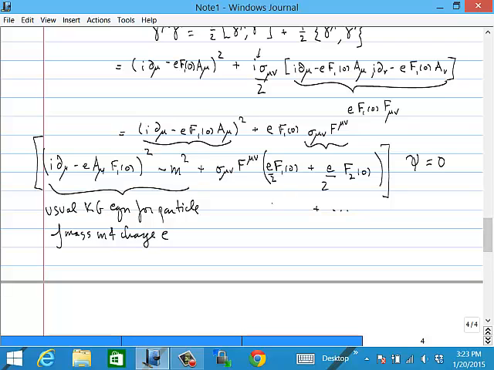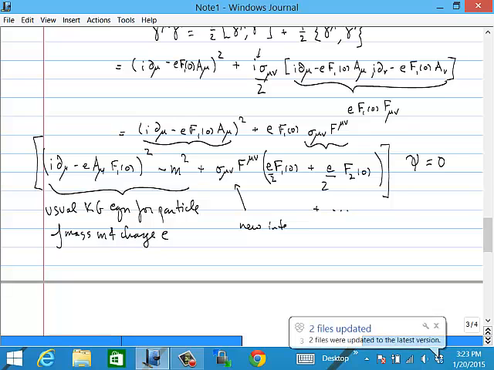And this term here describes a new sort of interaction. It describes a coupling between the spin of the electron, as represented by that matrix sigma^{mu nu}, and an electric field or a magnetic field in which you place the electron.